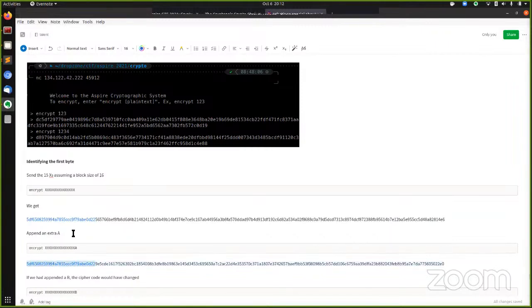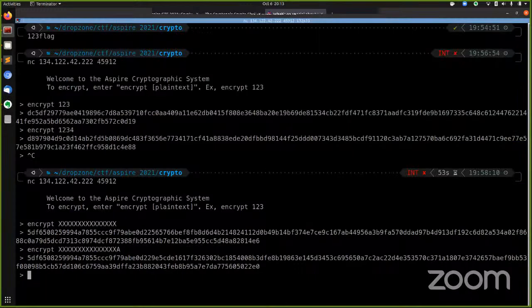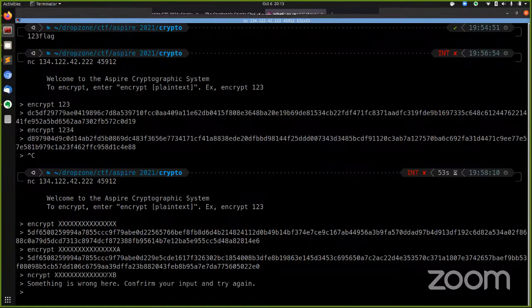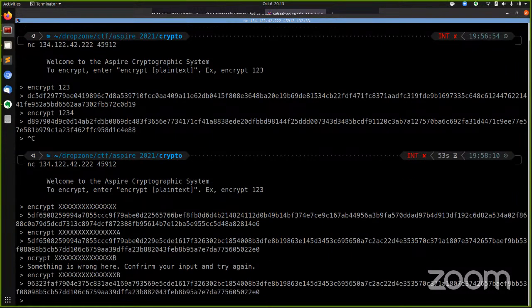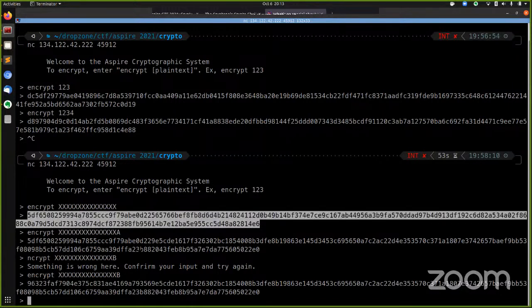This is an indication that the first character guess of A was correct, because if we had sent a B, you see the first block has changed completely.